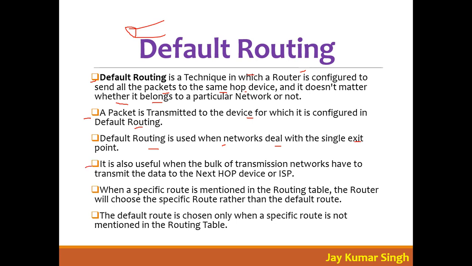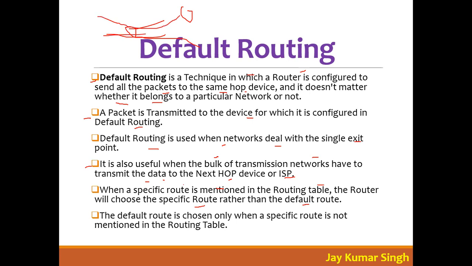It is also useful when the bulk of your network's transmission has to be sent to a next hop or ISP. When a specific route is mentioned in the routing table, the specific route will be chosen first rather than the default route. Suppose in my router, which is working with a default route, I say that for this network you go to this router, and for all other networks you go to that router. So it will check first.